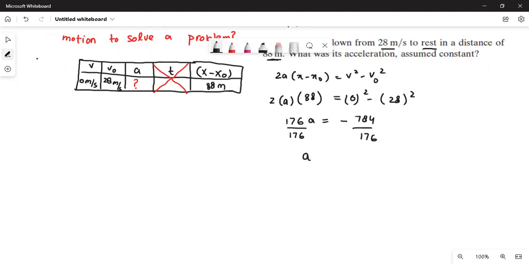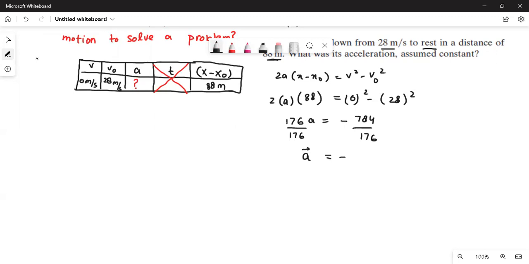So a, as I told you, is negative because it's deceleration. How much is it? Sorry, why didn't we minus it? I didn't minus it. Yes, you divided, but why did we not minus? Because 176 is multiplied to a, and when something is multiplied, we divide it on the other side.